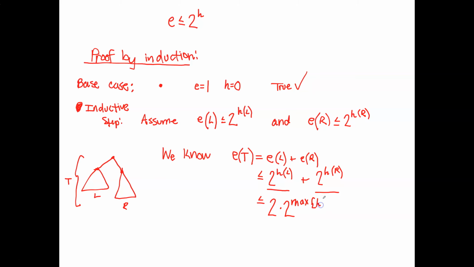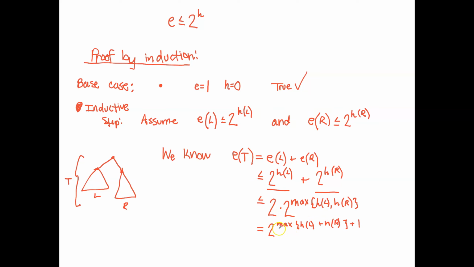Maximum between the height of L and the height of R. Now we have this is equal to 2 to the power of, again, maximum between the height of L and the height of R, plus 1. Why plus 1? Because we have this 2 here, so they have a common base.